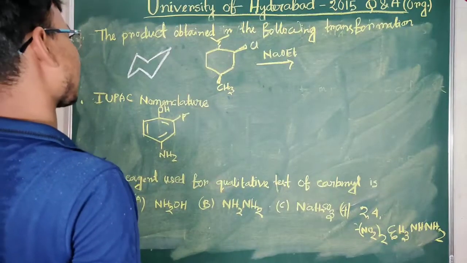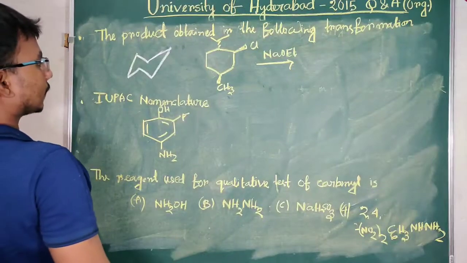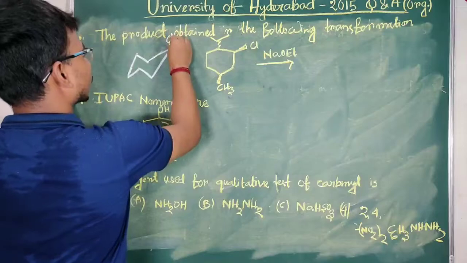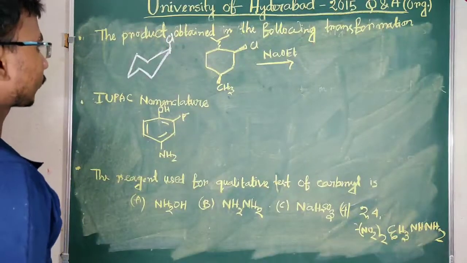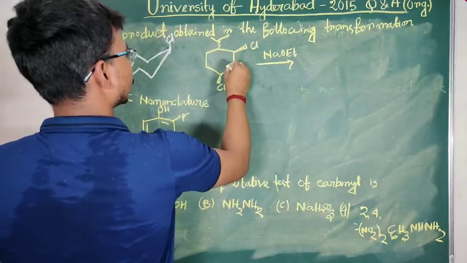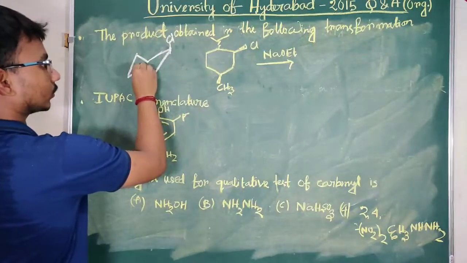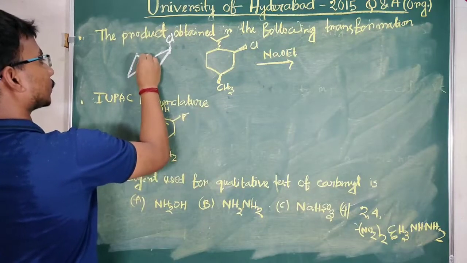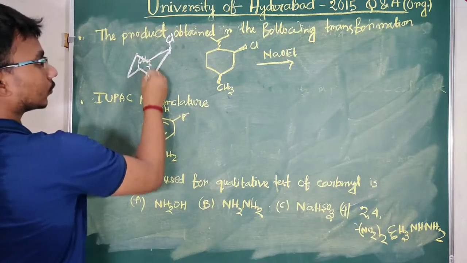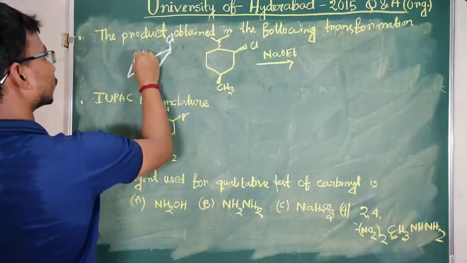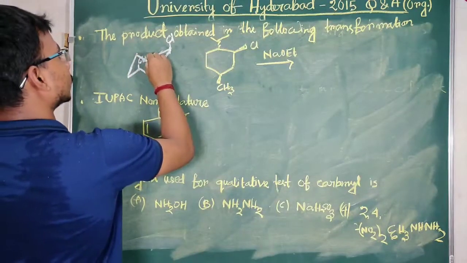Let's put the Cl carbon here. 1 2 3, 1 2 3, above. CH3, 1 2 3, below.